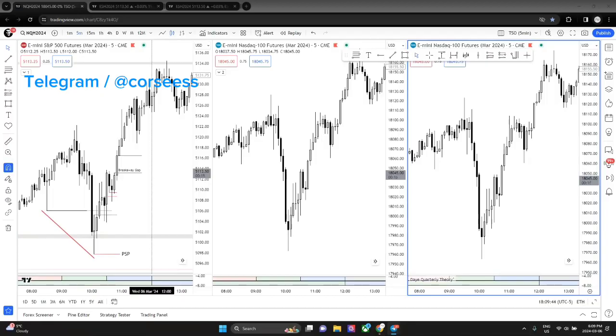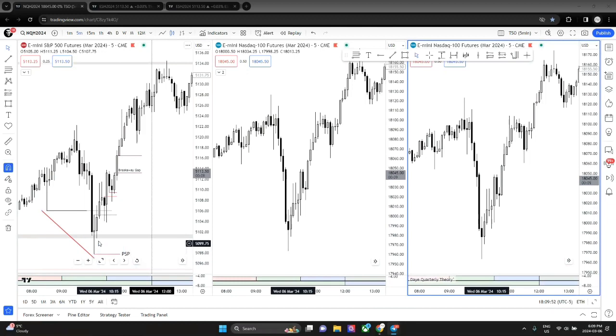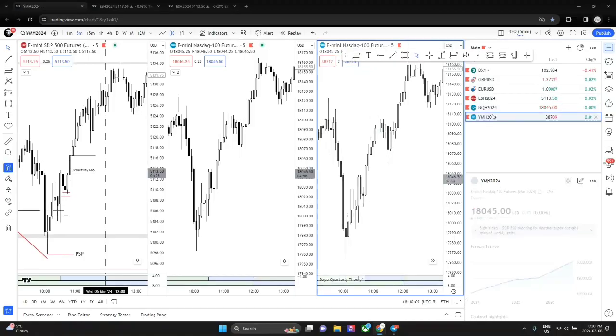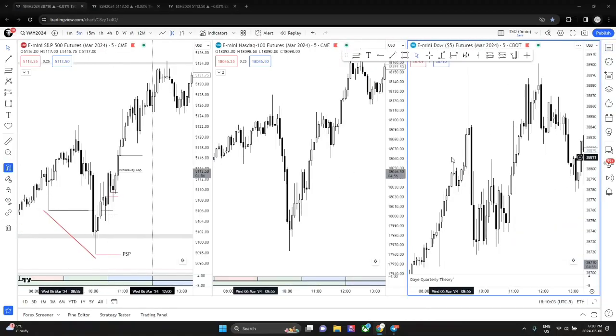So, firstly, you can see that this is a precision swing point that was formed after there was sequential SMT. Hold on, the Dow should be right here. Okay, there we go.